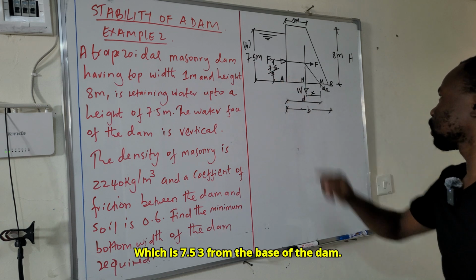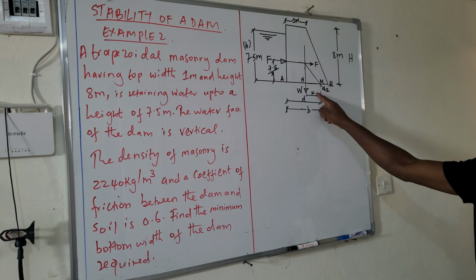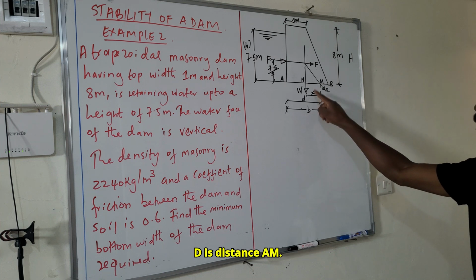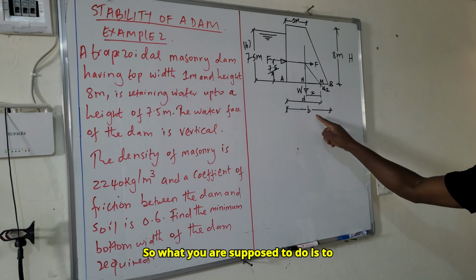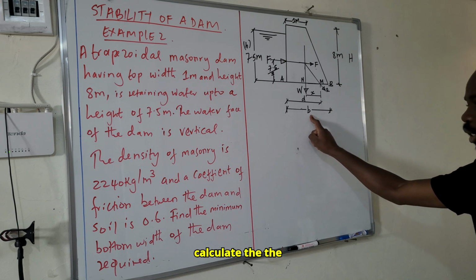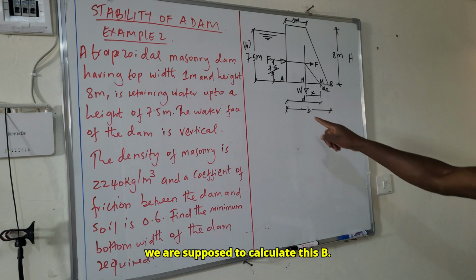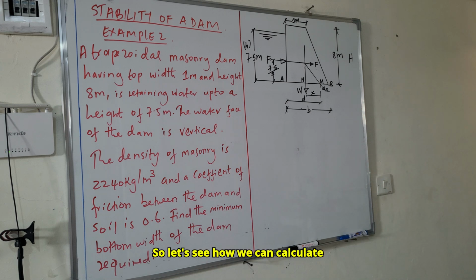This distance is x, which is distance NM, and distance d is distance AM. So what you are supposed to do is to calculate this b, the minimum bottom width of the dam. Let's see how we can calculate it.